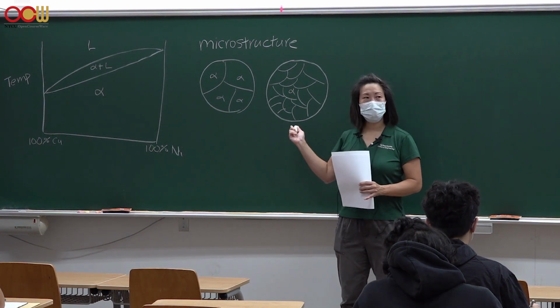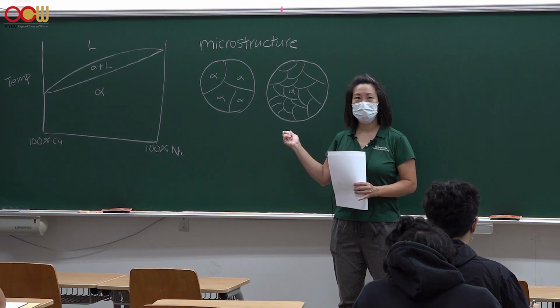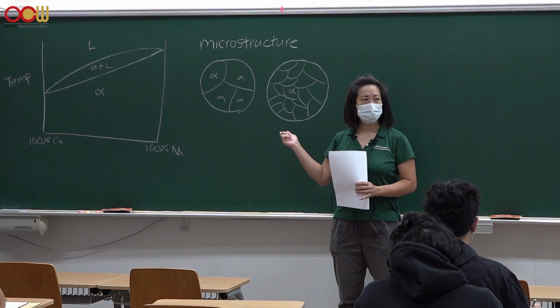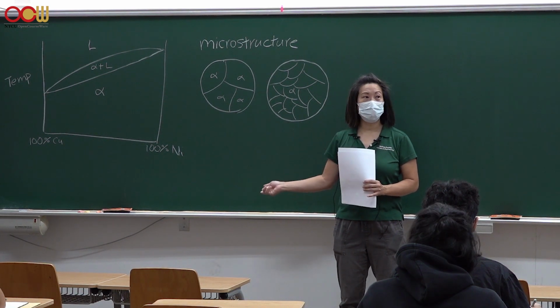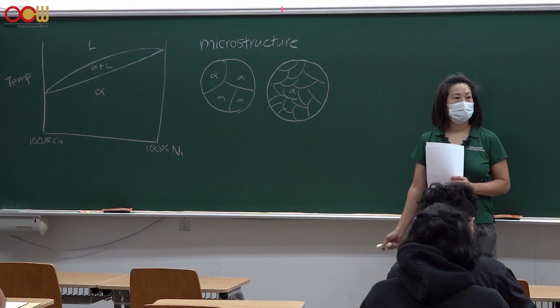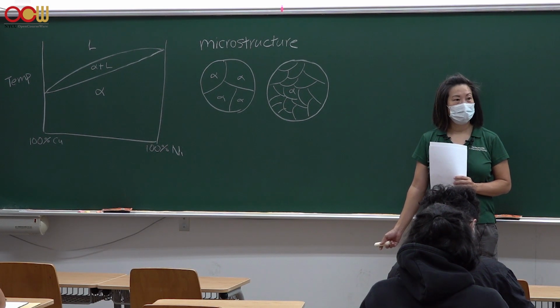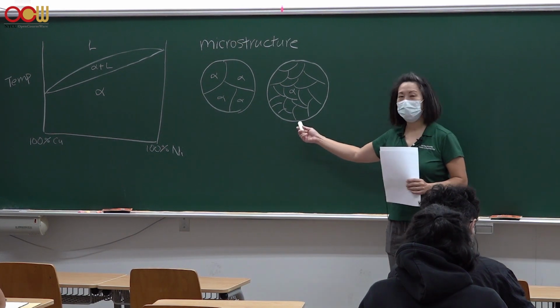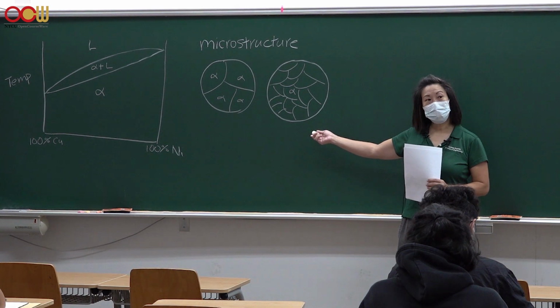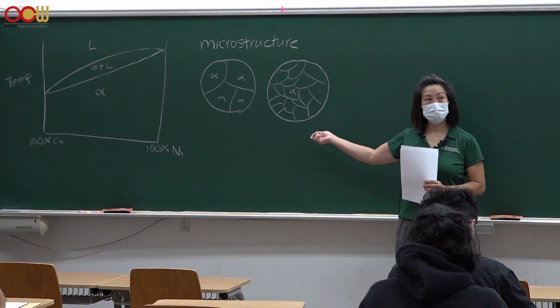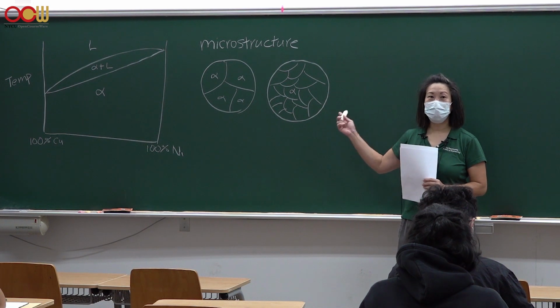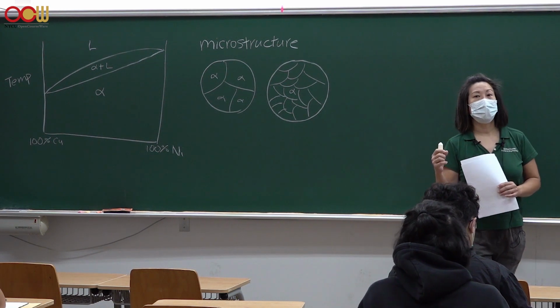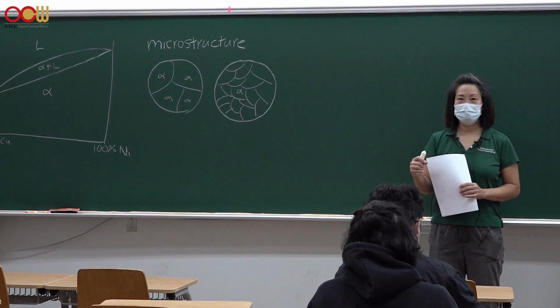And which one do you think will have a higher hardness and higher strength? Or will they be the same, you think? Right. So the smaller grains will have higher strength, will be harder, and will be less ductile. That's because the grain boundaries will inhibit dislocation movement.